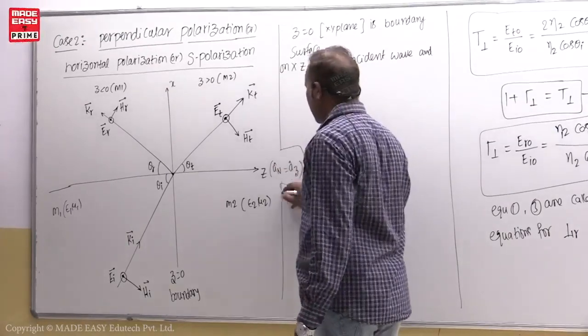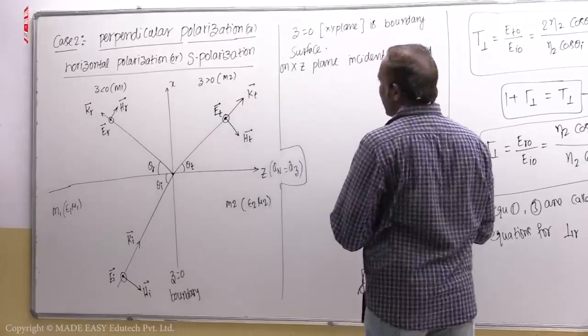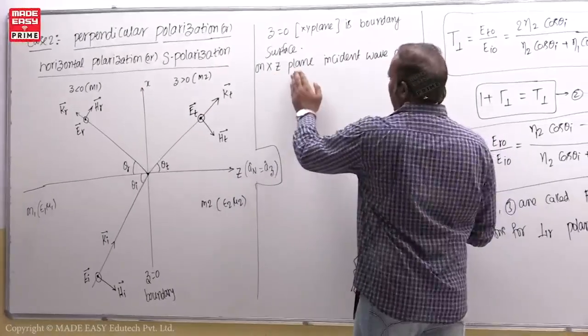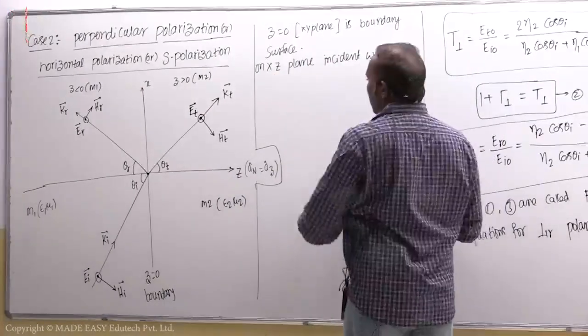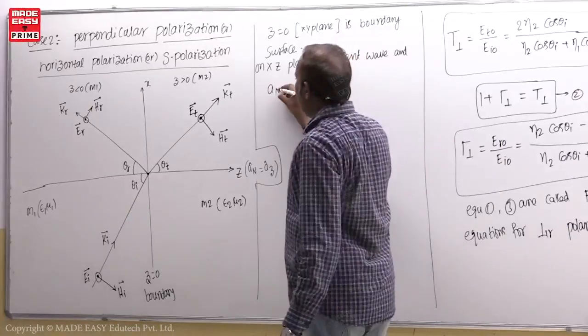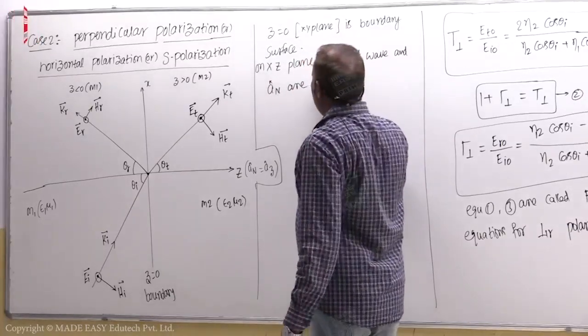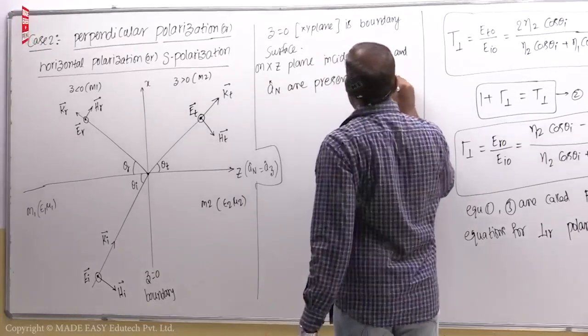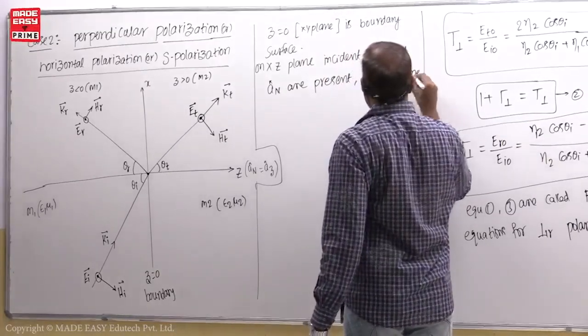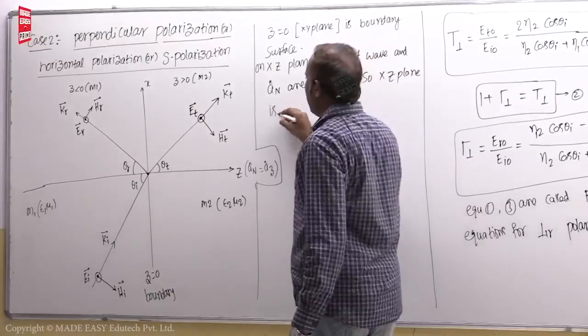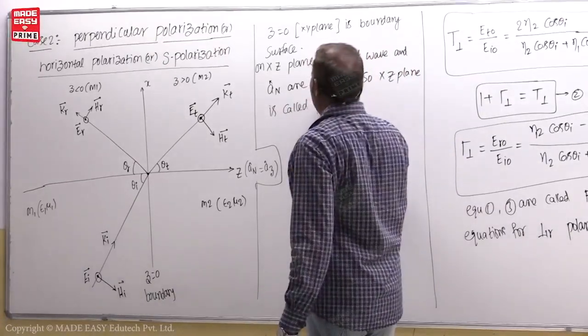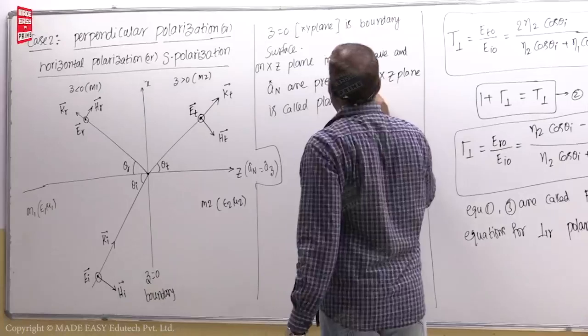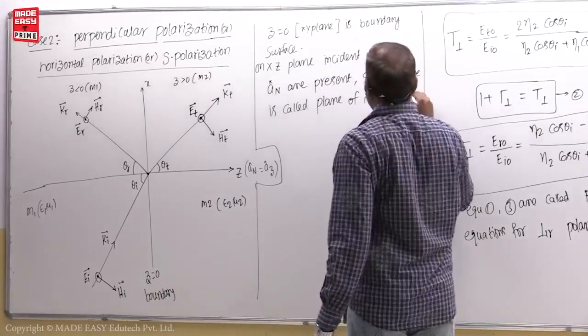Same as the previous case, students. That is why no need to explain much. So on the XZ plane, the incident wave and a_N cap are present. So the XZ plane, or otherwise the board plane, is called the plane of incidence.